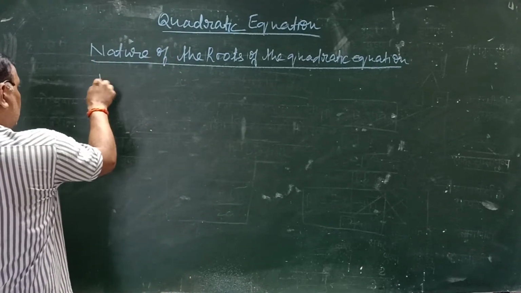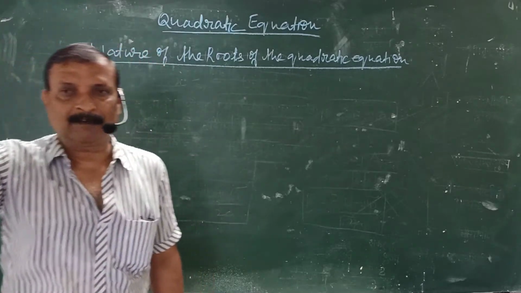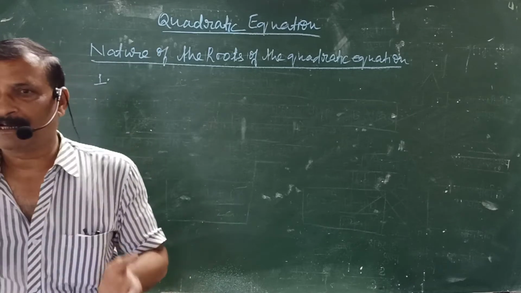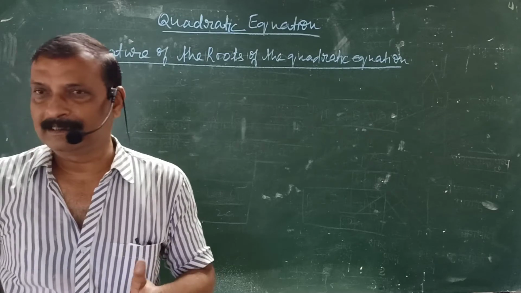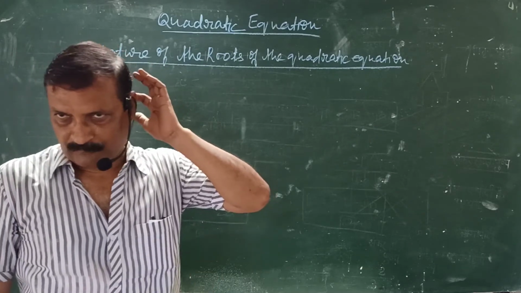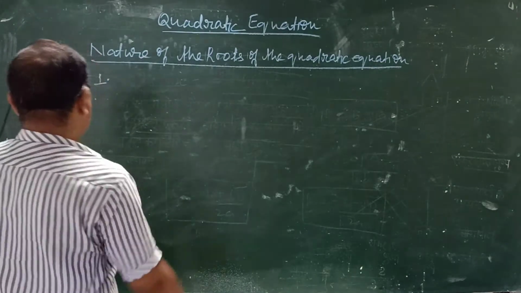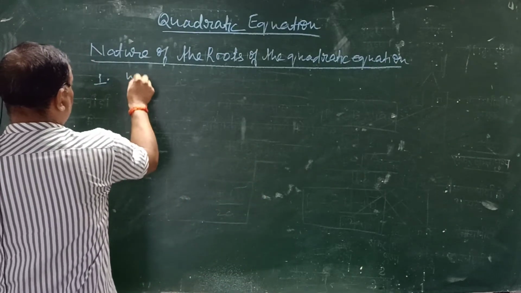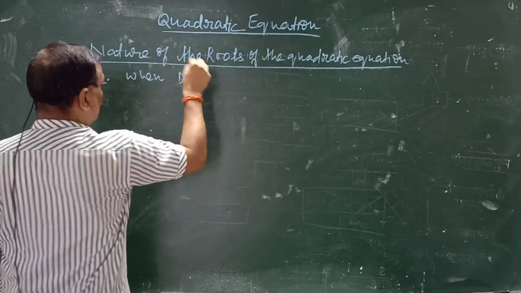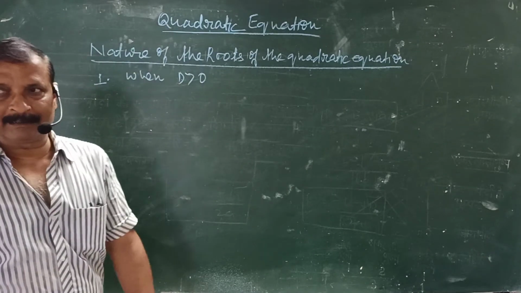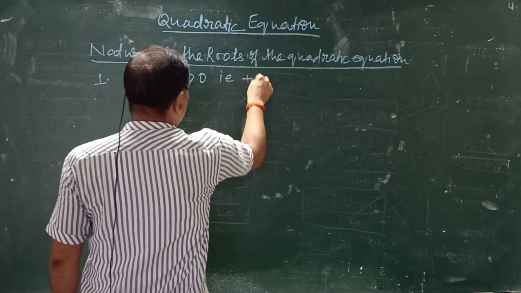there are 4 points. First point is, for finding the nature of the roots, we calculate the discriminant of the quadratic equation. So when, first, लिखे, when D is greater than 0, i.e. such that positive.